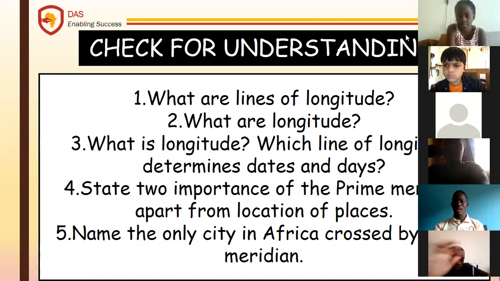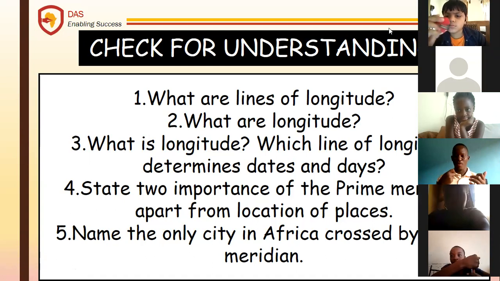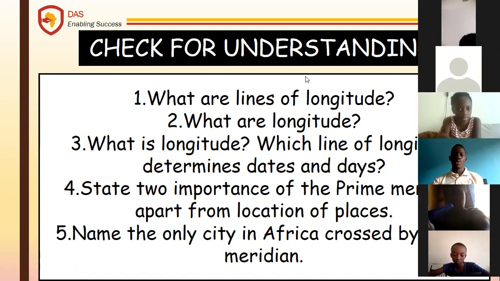That is super correct. Even Kavya in my box, she has already answered it correctly. Lines of longitude are imaginary lines on a map from north to south. Their other name is longitudes. Clear? Then we can also call them meridians.